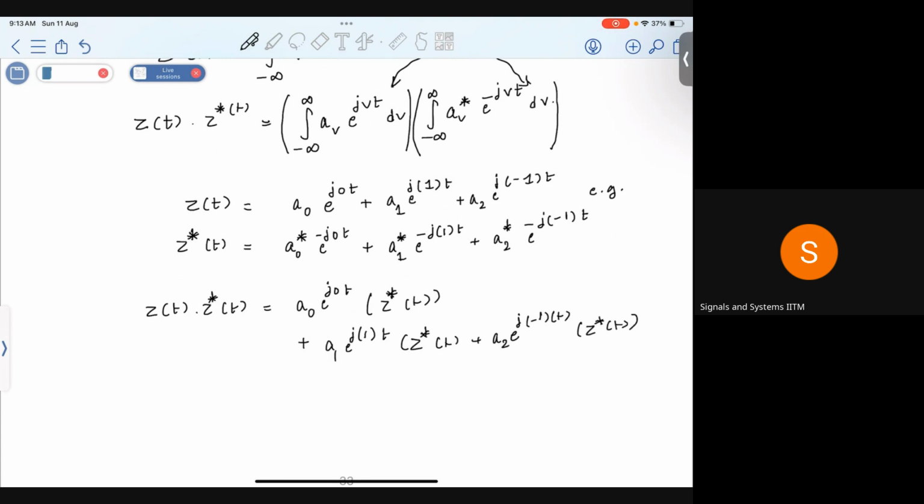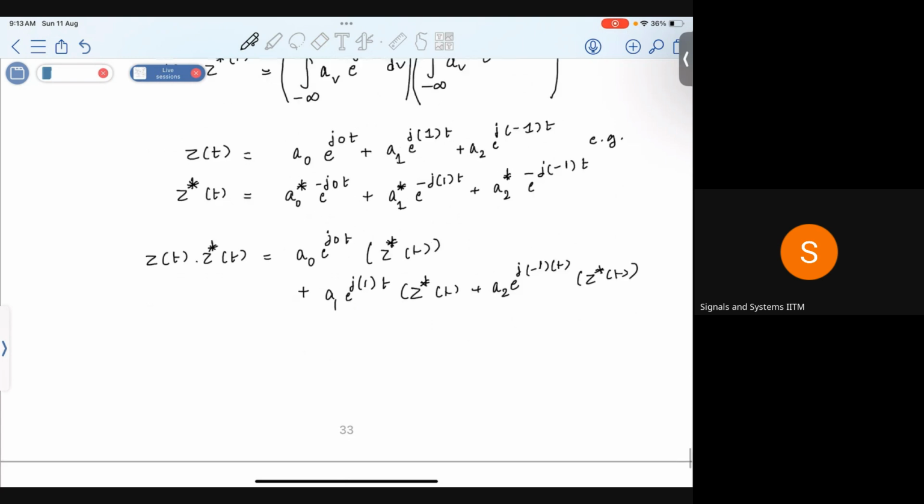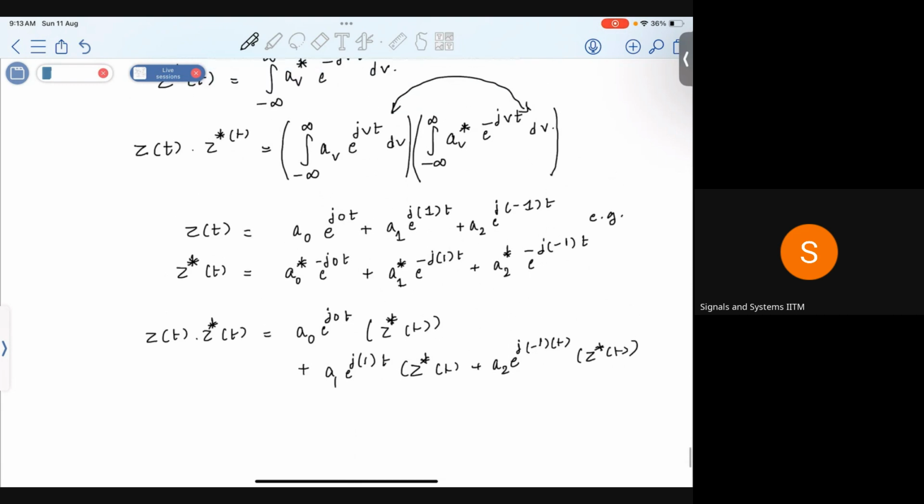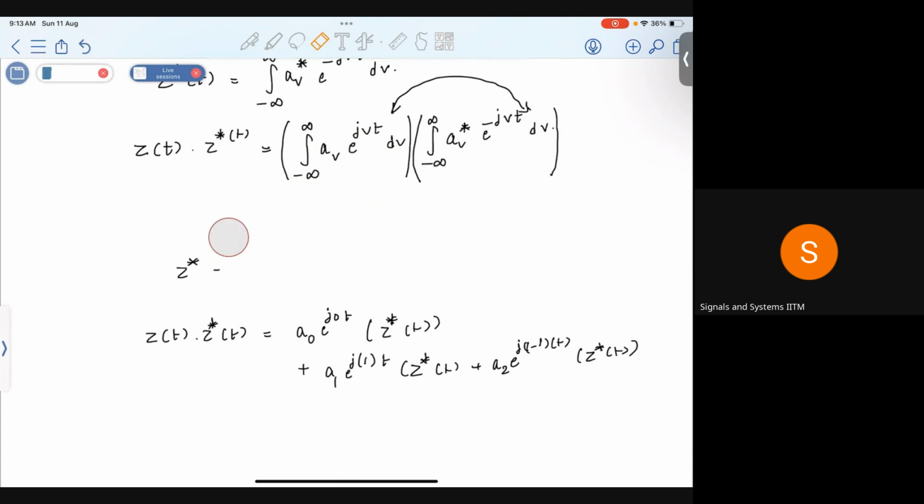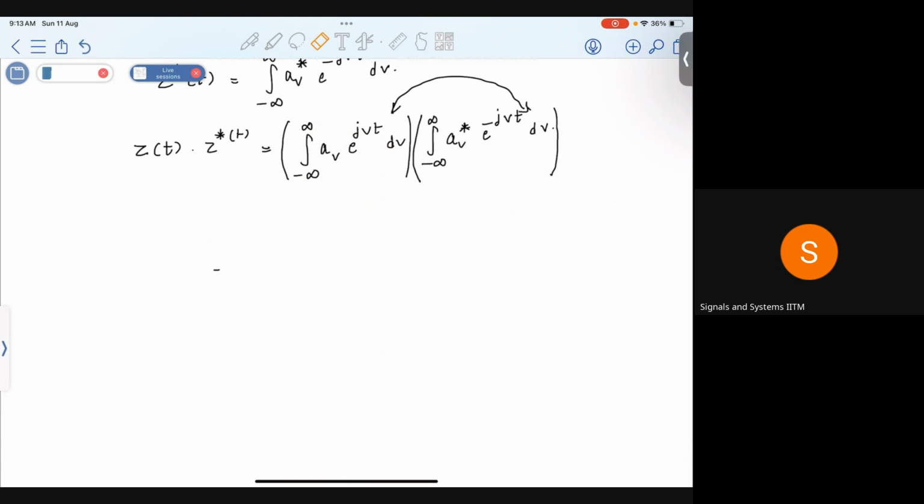Often in integration, you might write this as A(v) A(v) star e^(jvt) e^(-jvt) dv dv, correct?